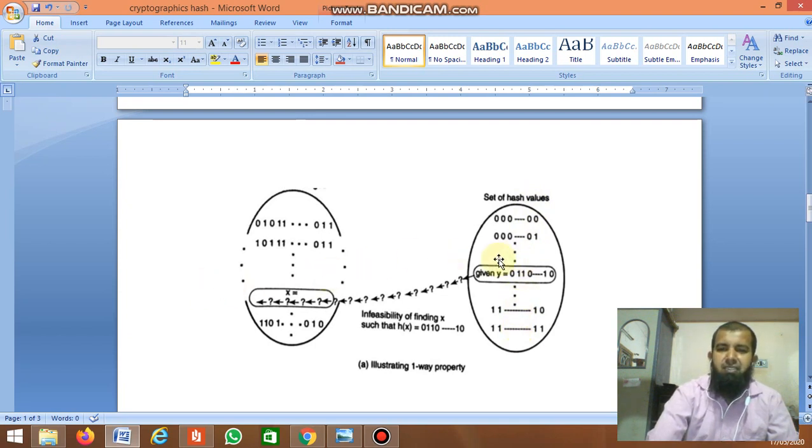The y value is some binary number like 0110. It is infeasible to find x such that h of x equals 0110. So the x value is very infeasible to find.